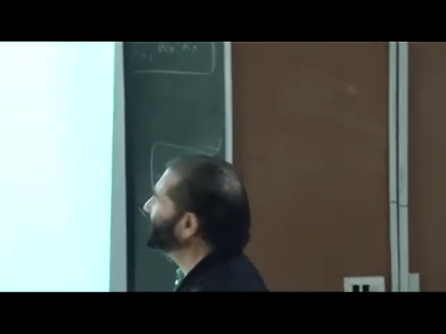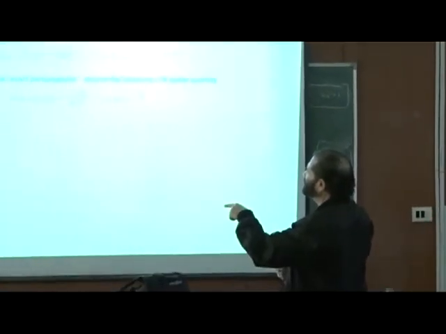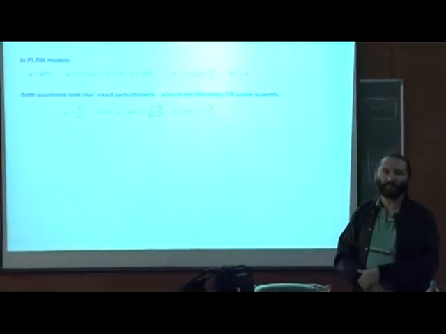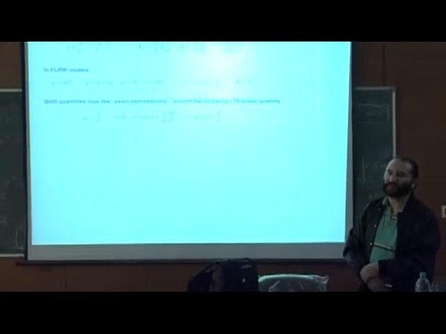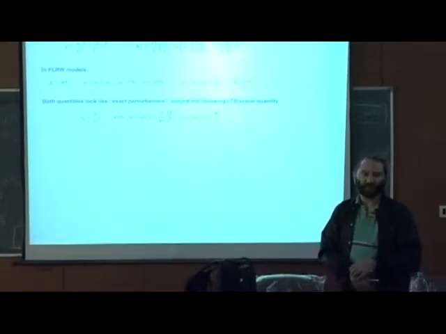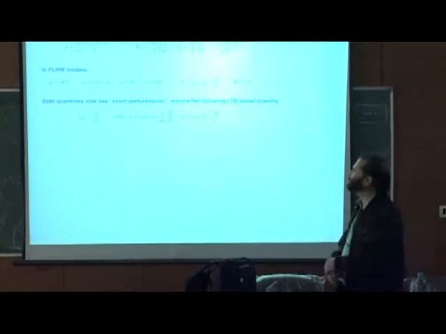Notice that we can call this quantity mu divided by a cubed. We're going to call it rho sub Q, because it's an energy density. For now, it's just a name, but this name will be justified.